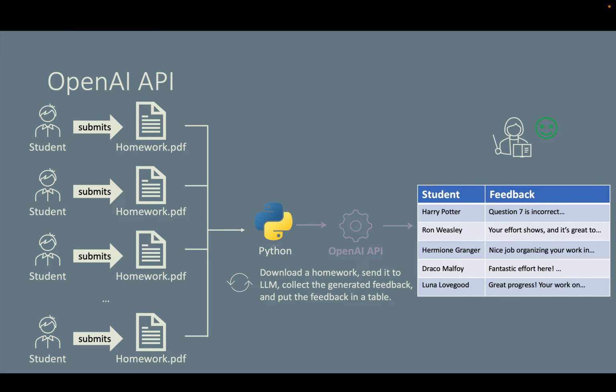For instance, the OpenAI API enables specialized workflows, batch processing, and connections to your own databases or systems. However, it does require some programming knowledge to set up. Today, I will introduce you to the basics of using the OpenAI API in Google Colab.